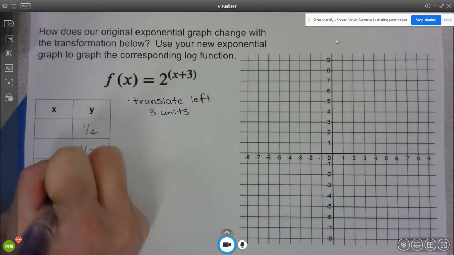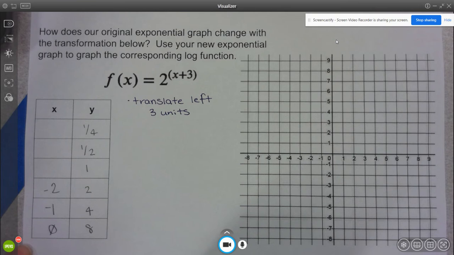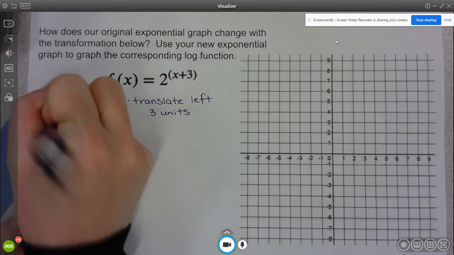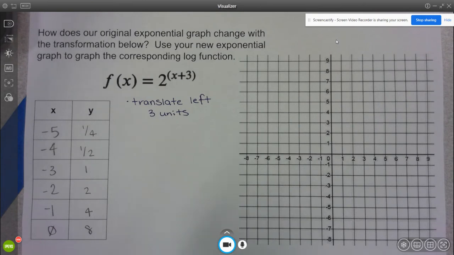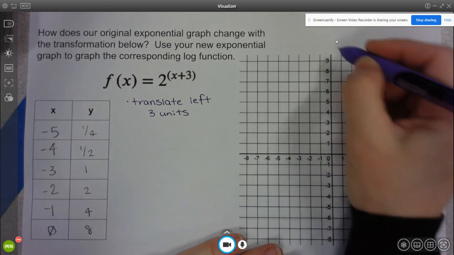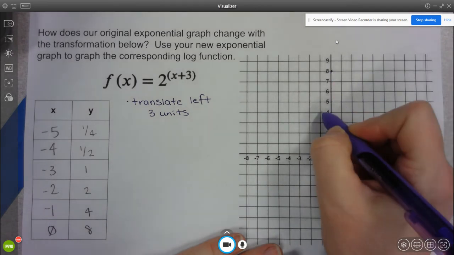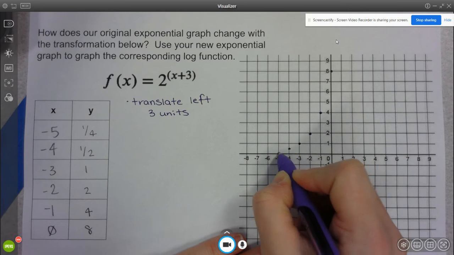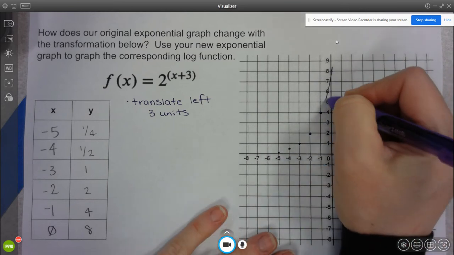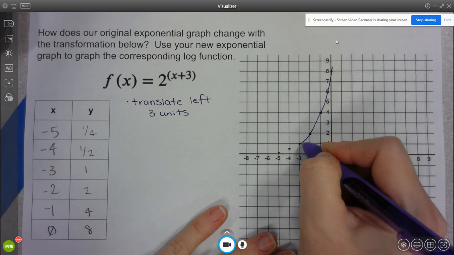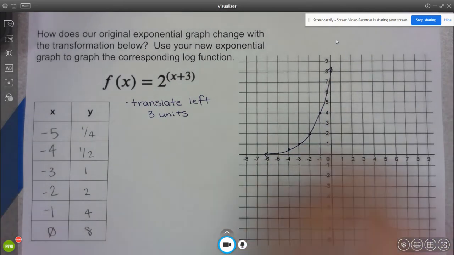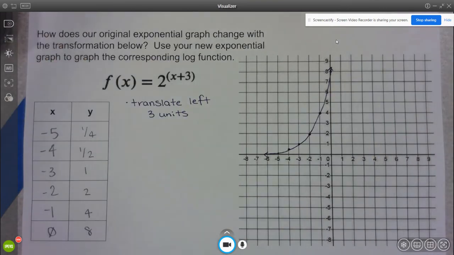And this is going to follow suit because we always did these in numerical order. And this is going to show me that left shift of 3 units. So I'm just going to graph this super quick. And you can see I have the same output values that I did before. They just shifted everybody left.